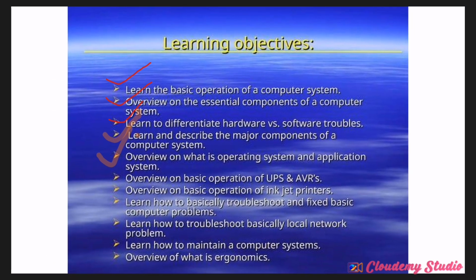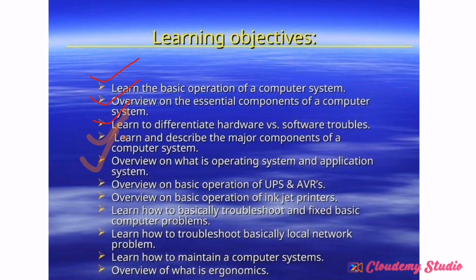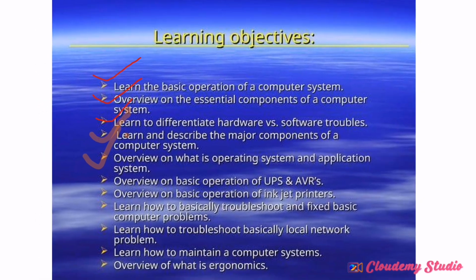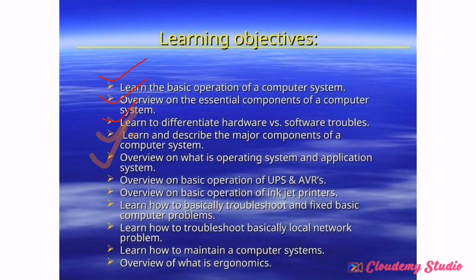Then the last one says overview of what is ergonomics. So these are the things that at the end of this course, a learner should at least have a full knowledge, or at least an understanding of what we have discussed, or of what we are going to discuss in this topic.